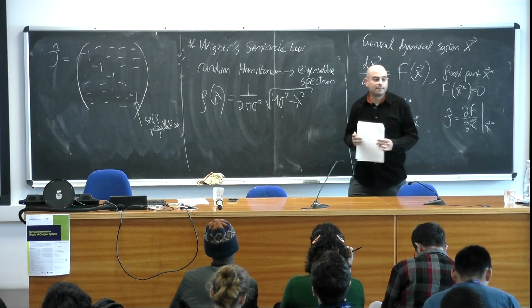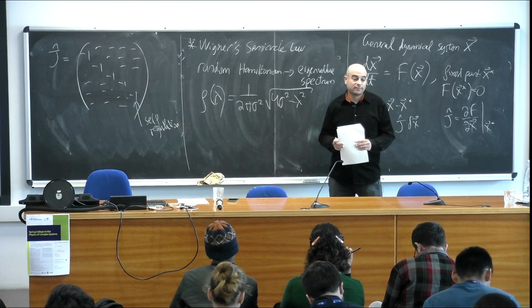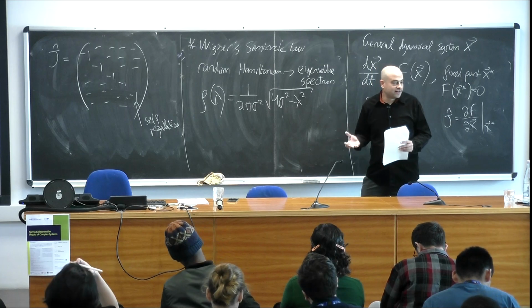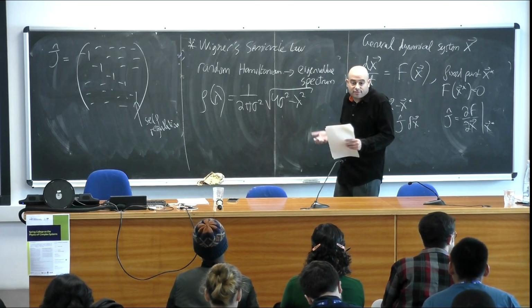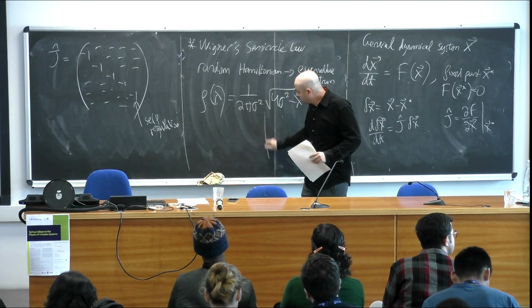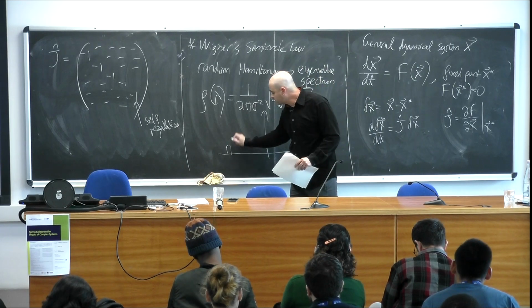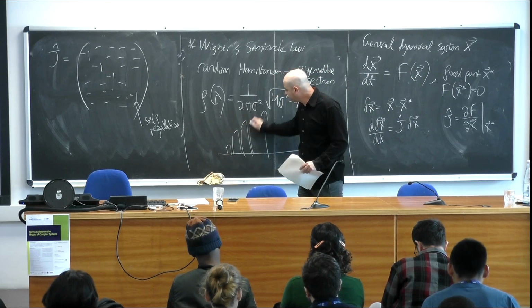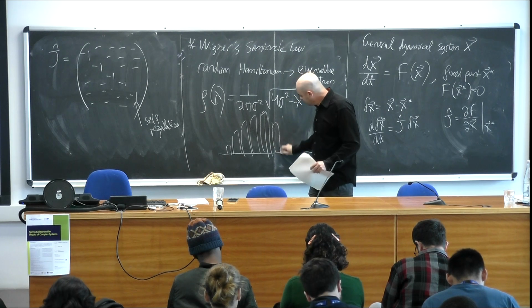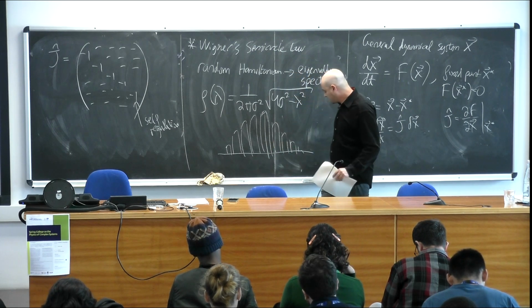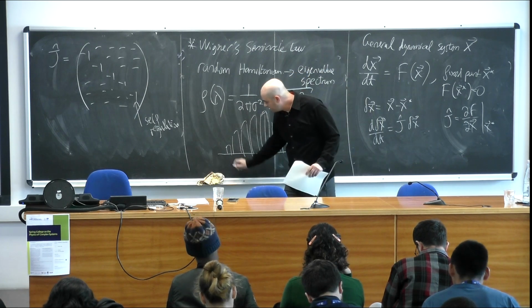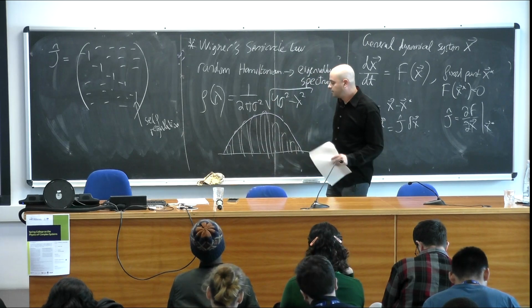You just make a bunch of random Hamiltonians, and you diagonalize them, and then you make a histogram of the eigenvalues. And lo and behold, this is the histogram, and they obey this semicircular law, right?